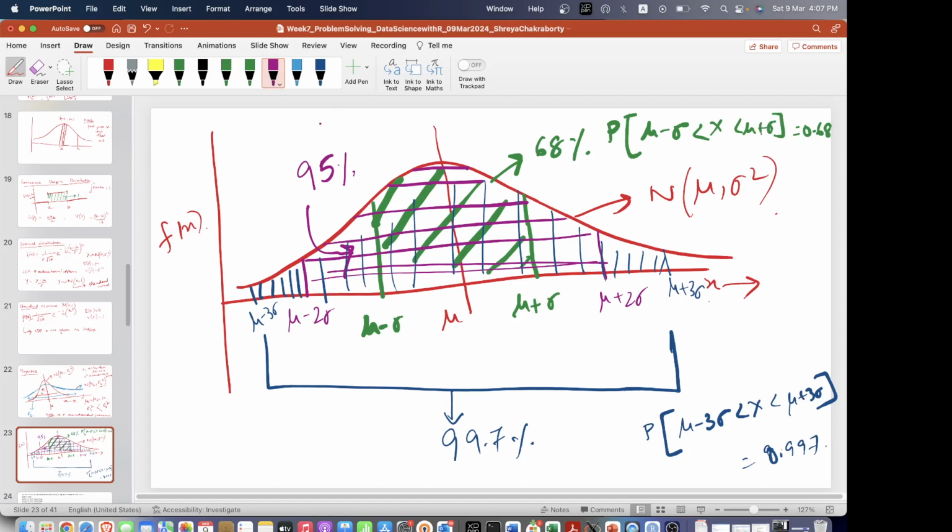And again here mu minus 2 sigma less than equal to x less than equal to mu plus 2 sigma, this probability is close to 0.95.